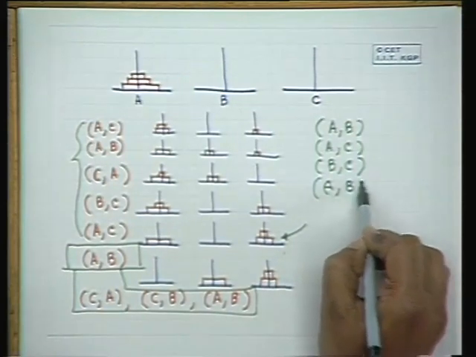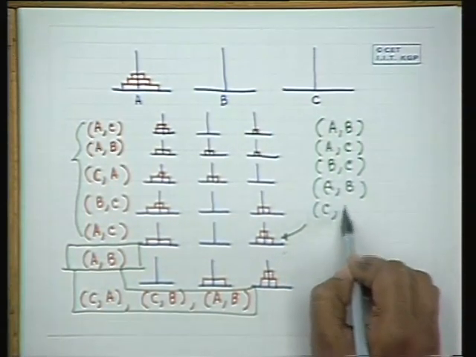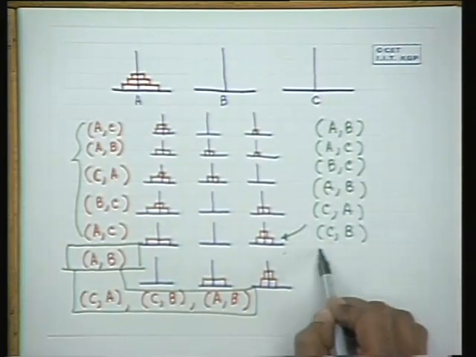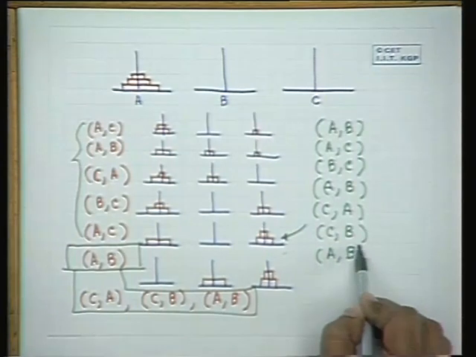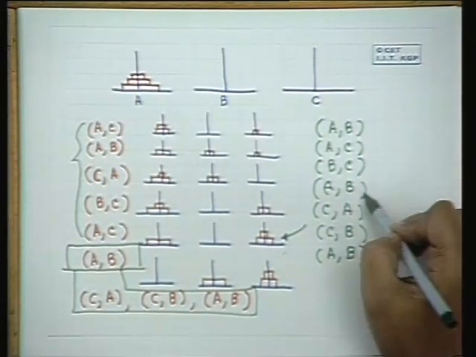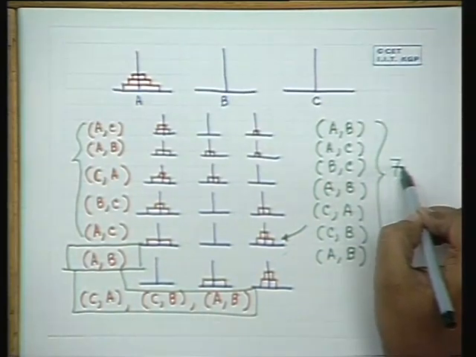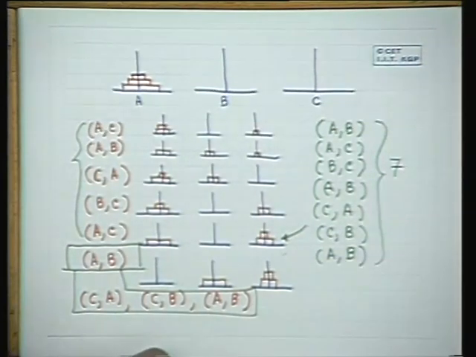A to B, C to A, C to B, and A to B. So, in 7 steps we can solve the problem for 3 disks.